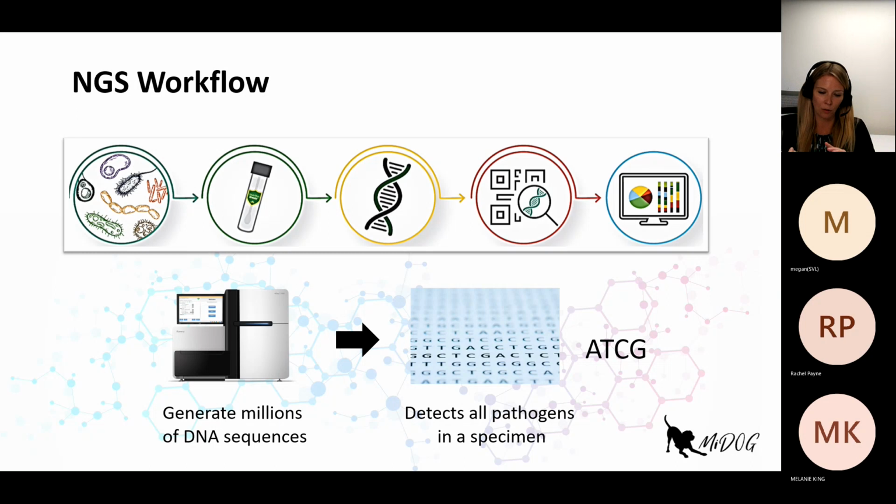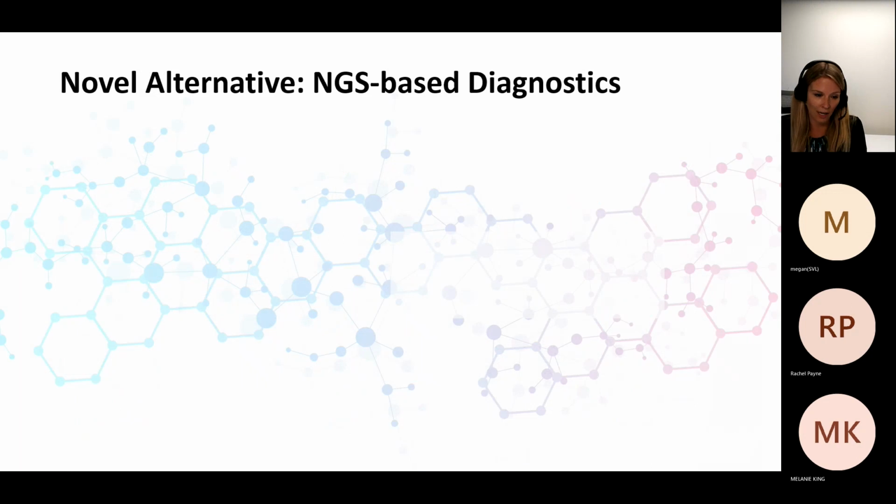So we map those genes down to what kind of species is it? Is this a commensal? Is it a pathogen? What type of resistance genes do we have? And then we generate a report that only highlights those clinically relevant organisms rather than all those millions of DNA sequences that were reported. So it is very comprehensive and covers all pathogens because it is looking so broadly at all of them without any predisposed issues.